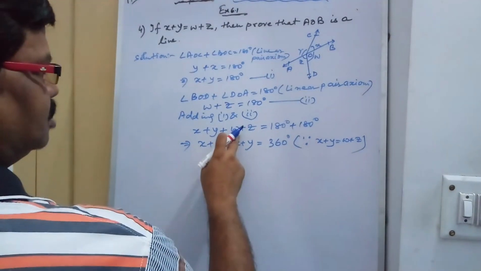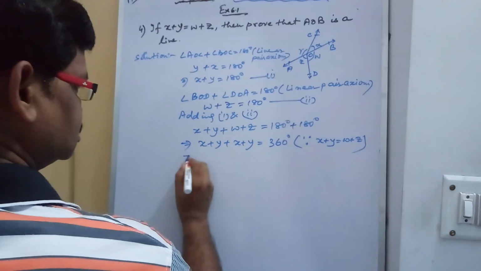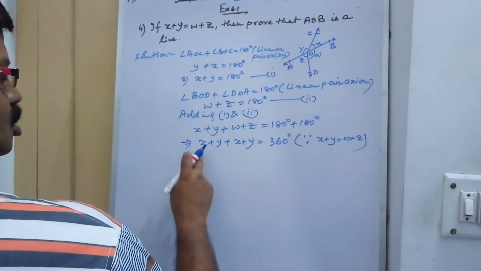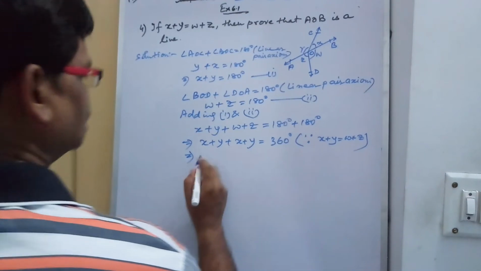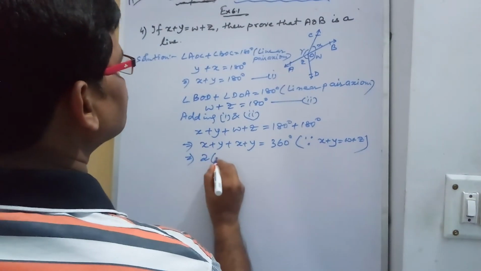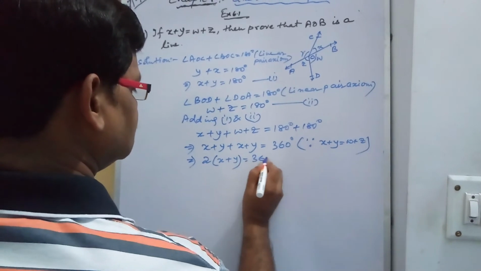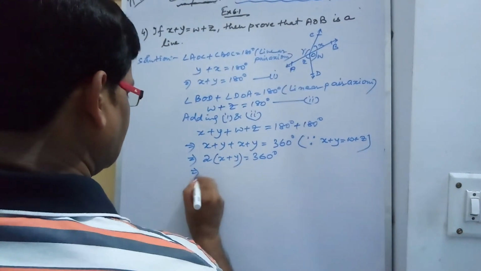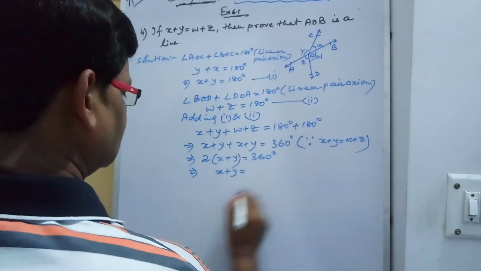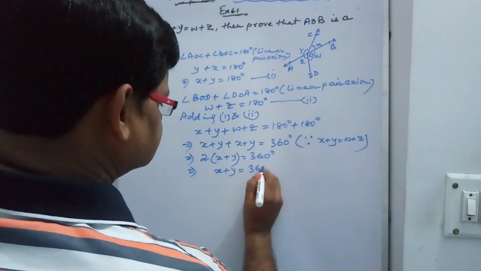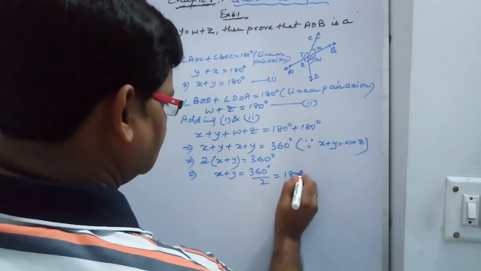So in place of w plus z, we write x plus y. So now 2 times x and 2 times y, so 2 times x plus y equal to 360 degrees. x plus y equal to 180 degrees.